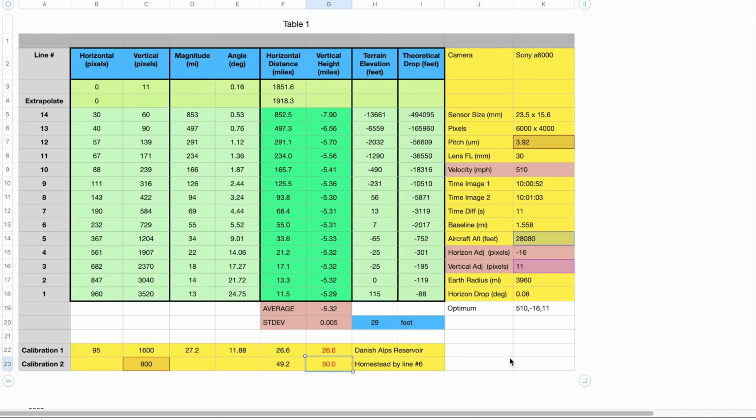Now there's two more equations at the top for the horizon, since I'm moving the pixels up. So that one, there's the formula for it. It's based on the altitude, okay?